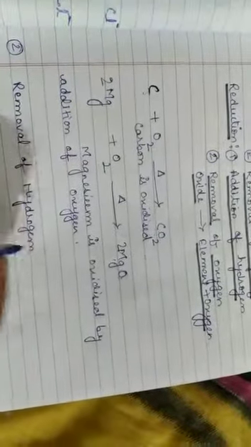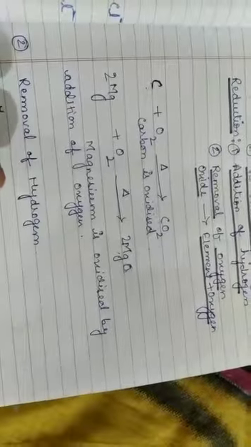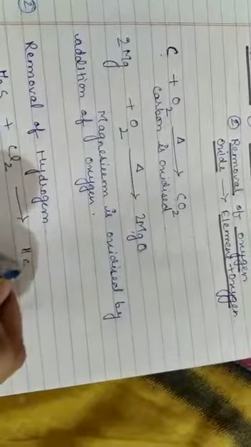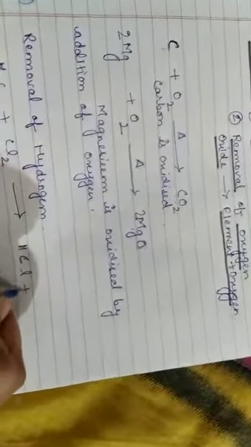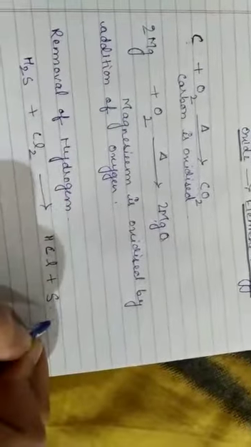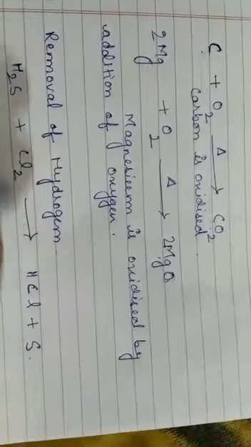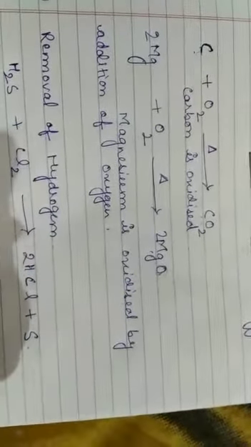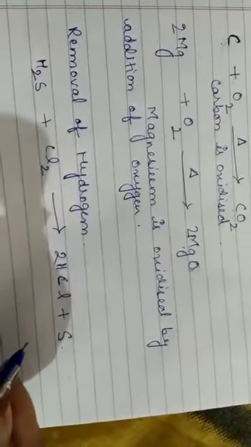Suppose hydrogen sulfide reacts with chlorine, it forms HCl plus sulfur. If you balance the equation, it becomes 2HCl. Now this is a balanced equation.